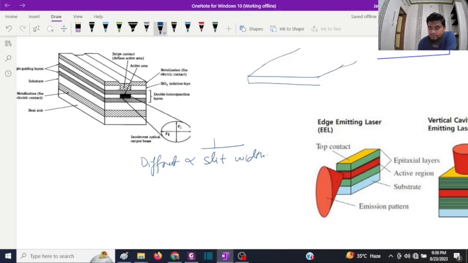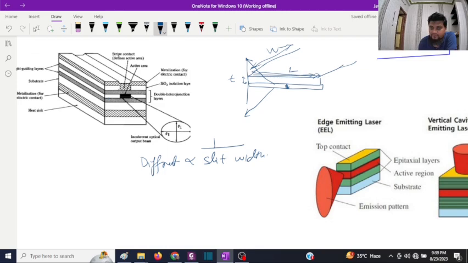So this W and L, and this thickness T, are not the same, because this thickness is actually quite small, so the light will expand more in this direction and less in this direction, because L is quite large.